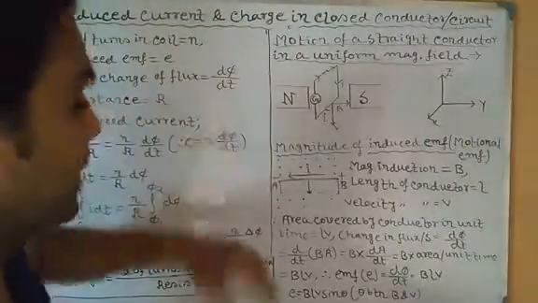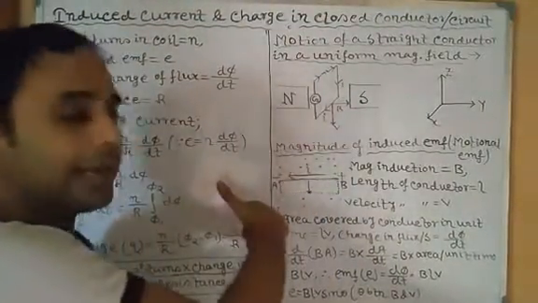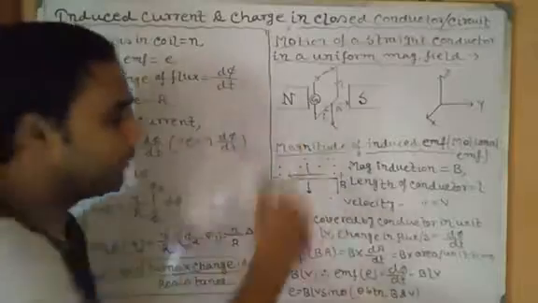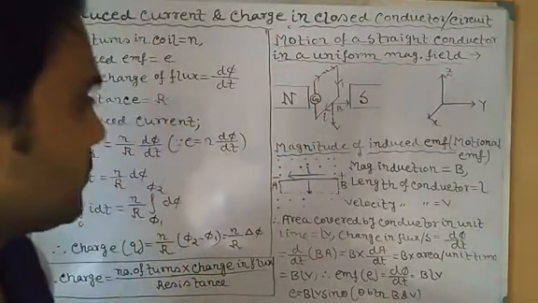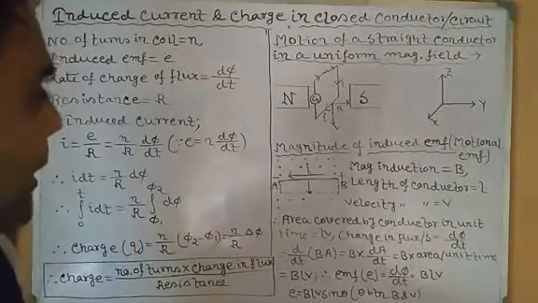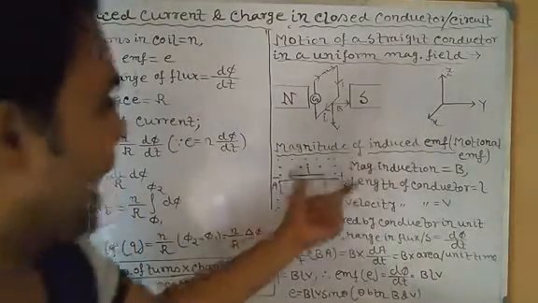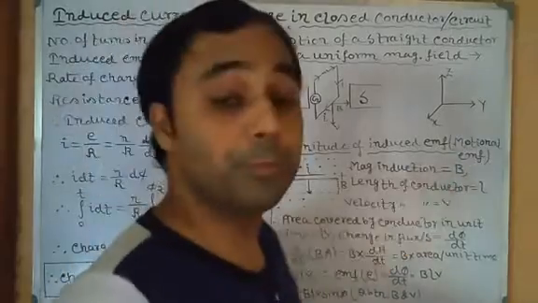If the conductor is moved in the upward direction, it will be reversed, meaning the A side will be at positive potential and B at negative potential. So let's now find out the magnitude of the induced EMF. Here the magnetic induction is equal to B.